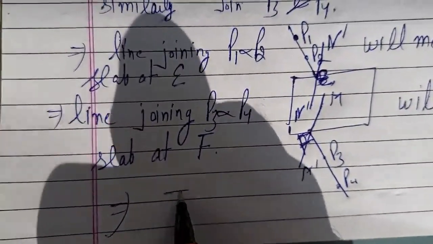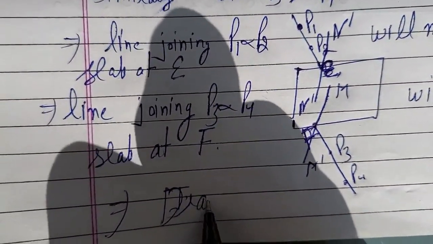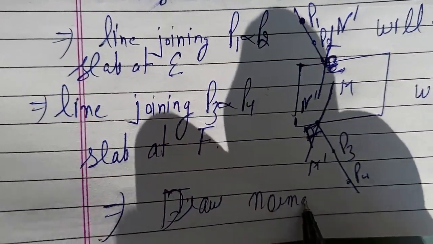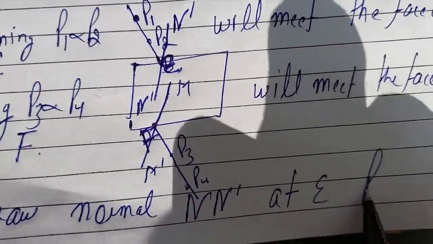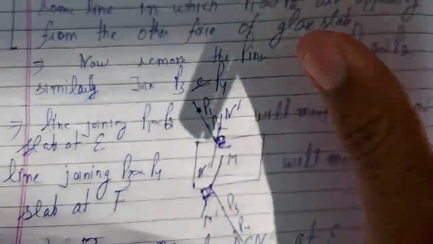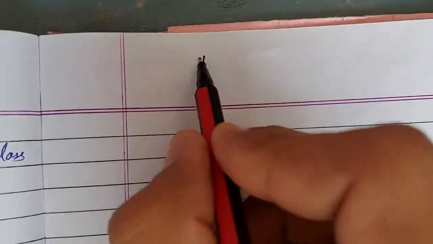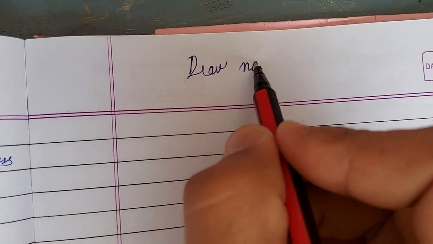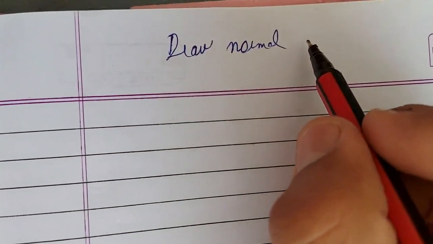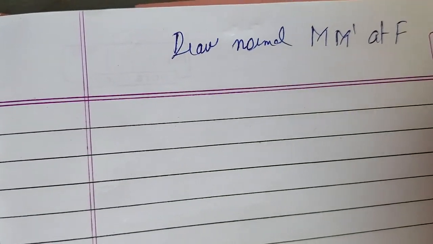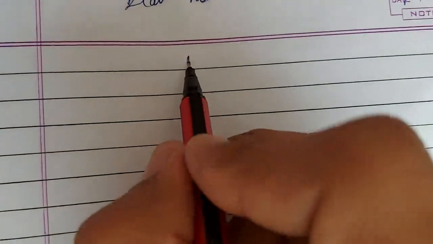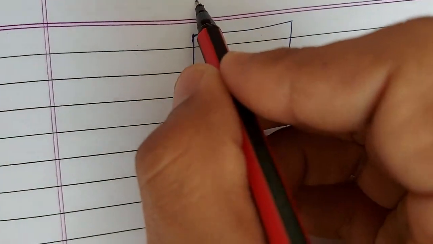So now we will draw the normal NN dash at point E and draw the normal MM dash at point F. Like this we have done.